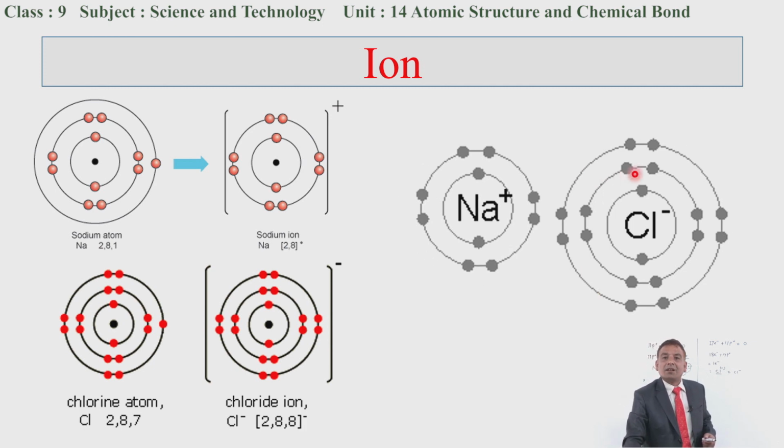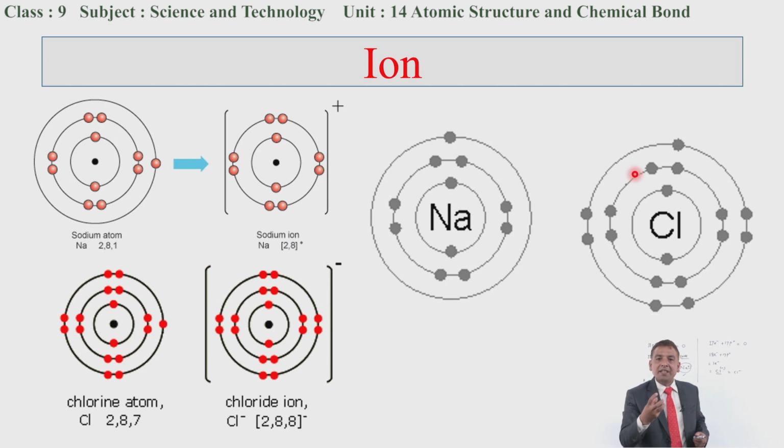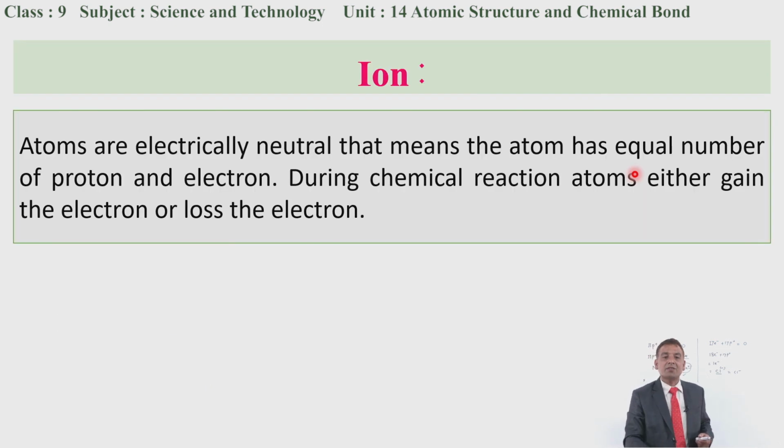So the electrically charged particles or charged atoms are known as ions. Sodium has formed Na plus, positively charged, and Cl has acquired the negative charge. So electrically they have positive and negative charges.